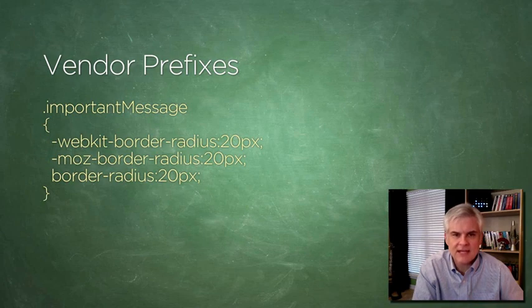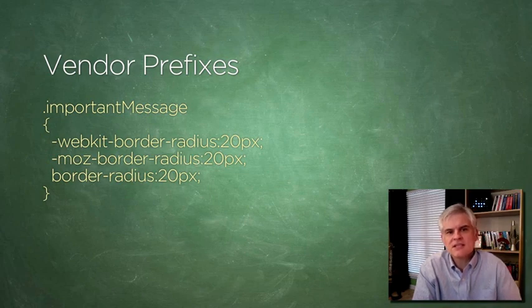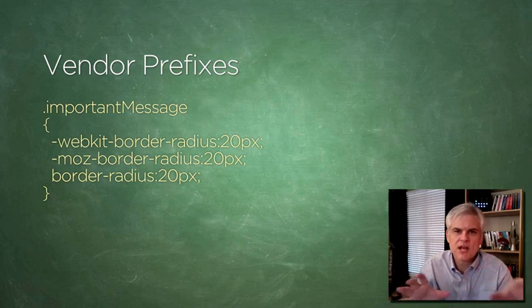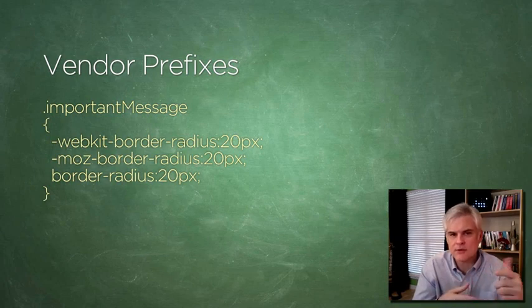Now, like we said much earlier in this series, CSS Level 3's specification was broken up into multiple parts, and some of those parts are already being implemented by browser developers while others are still being agreed on.